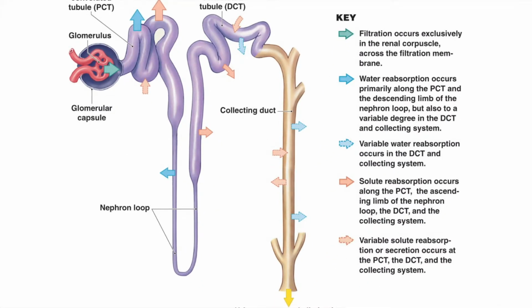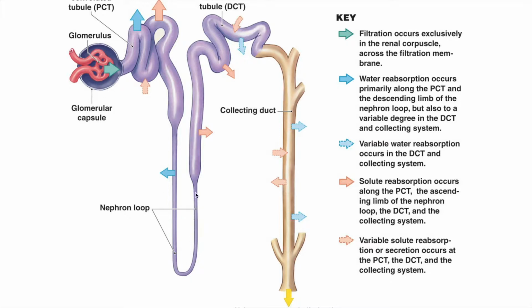We're going to look at the functions again of the various regions of the nephron. The glomerulus, its function is filtration. Then in the proximal convoluted tubule, we have the absorption of most water, all organic solutes such as glucose and amino acids.